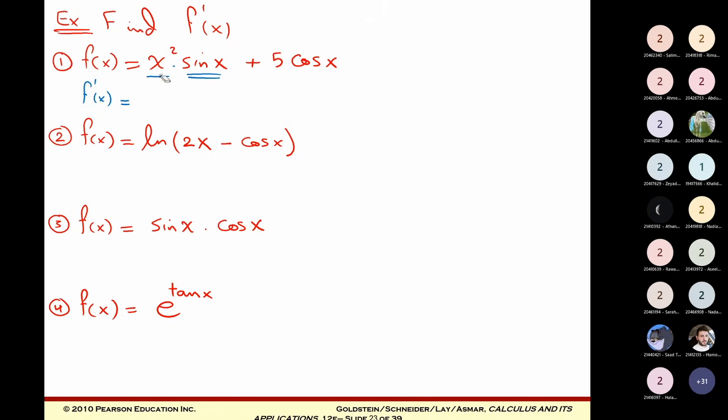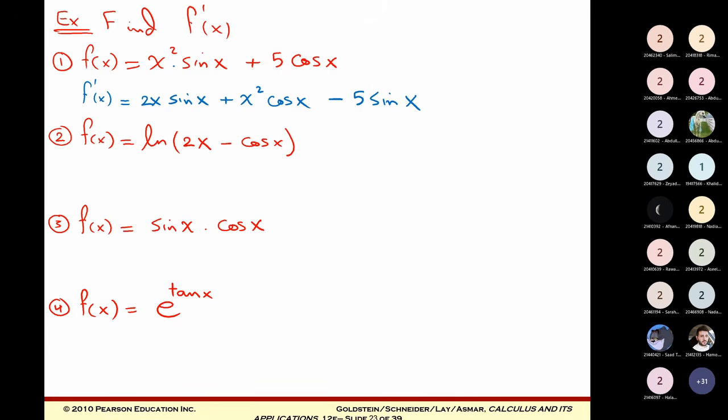So 2x multiplied by sine x plus x square multiplied by the derivative of sine, this is cosine, plus the derivative of 5 cosine x, this is 5, derivative of cosine negative, so put it negative sine x.